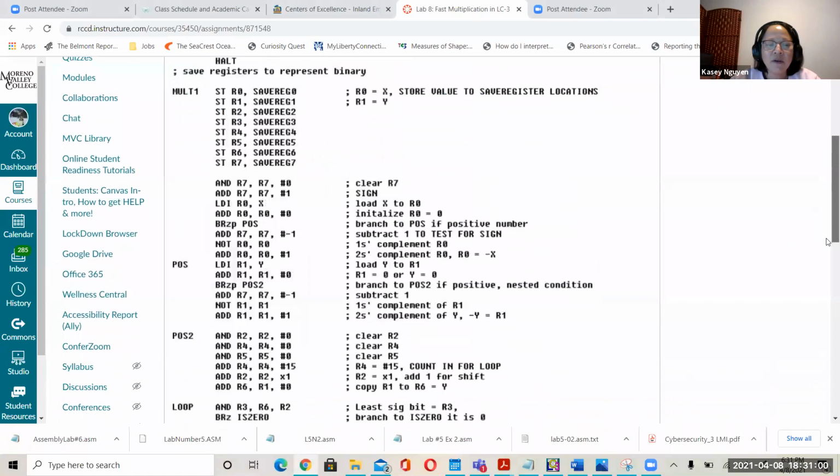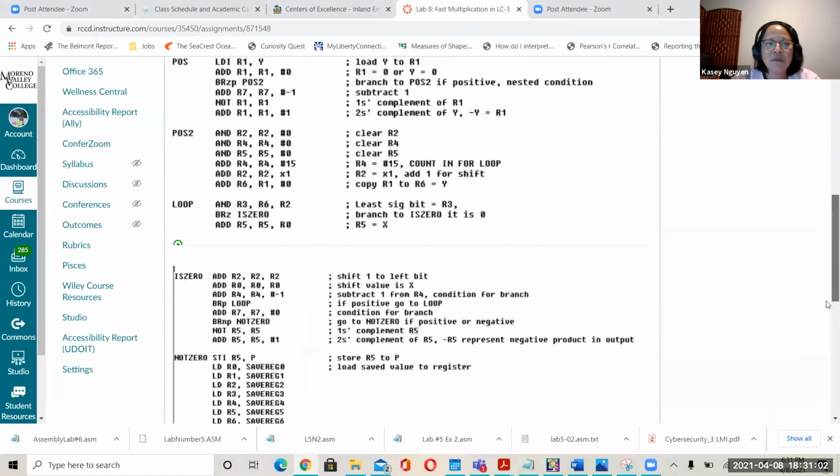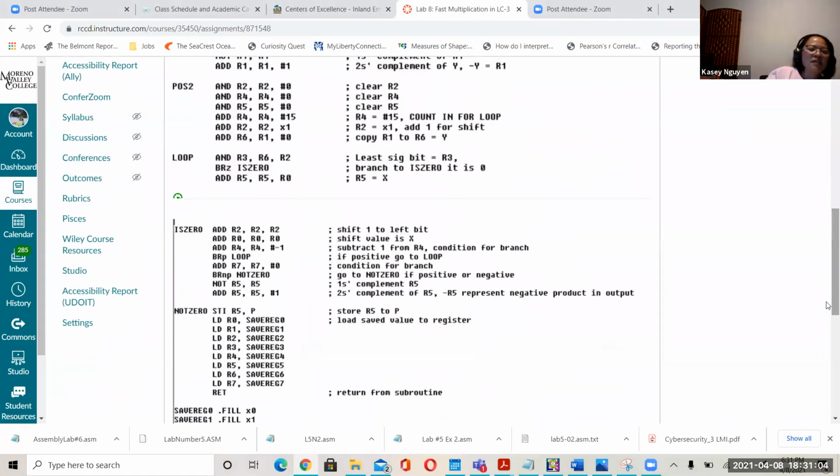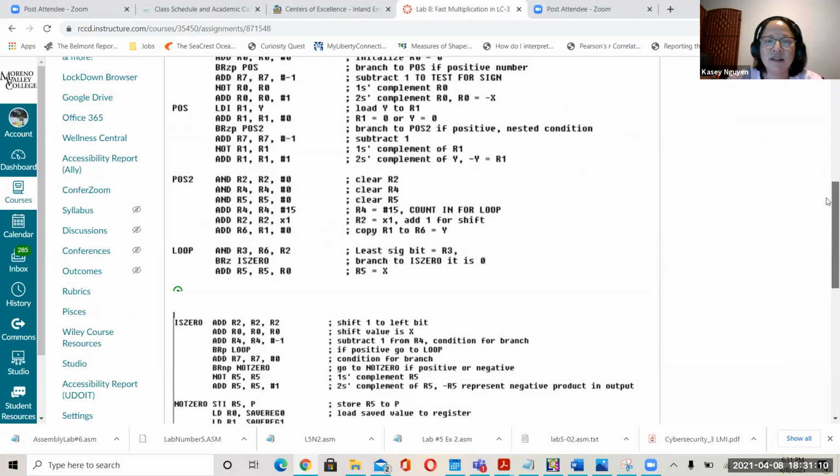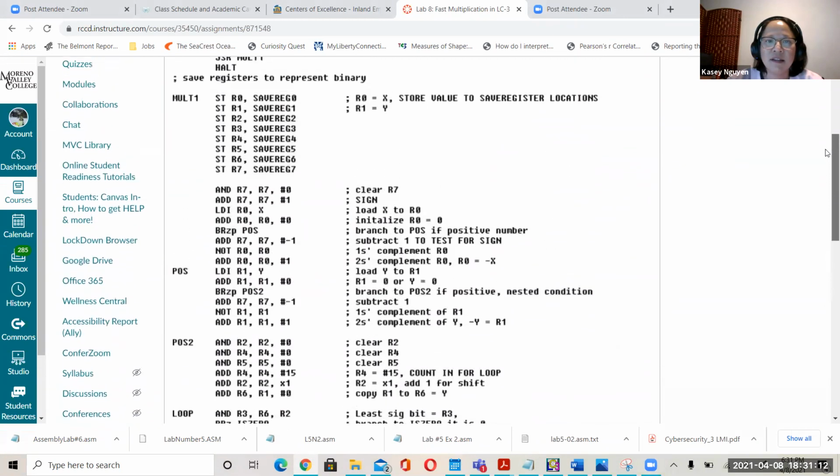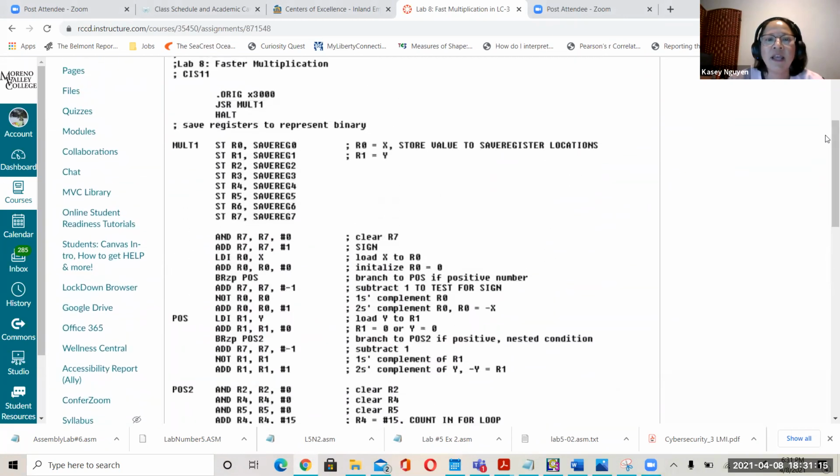Okay, so sorry, after loop, there should be an is 0 section, and then after that, you would have a not 0 section. Okay, so let's start from the top. When you look at this, we know that we have to originate at hex 3000.